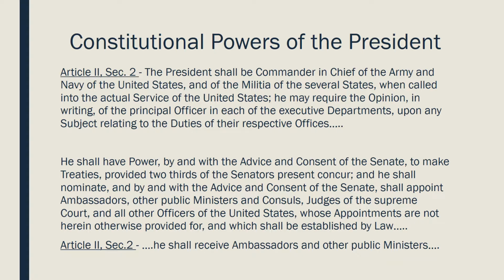What we have there in that first clause is a representation of Commander-in-Chief powers, being in charge of the executive branch, particularly the Defense Department, but also the other departments of the executive branch in the second half of the clause, requiring the opinion of the officers of each of the executive departments.